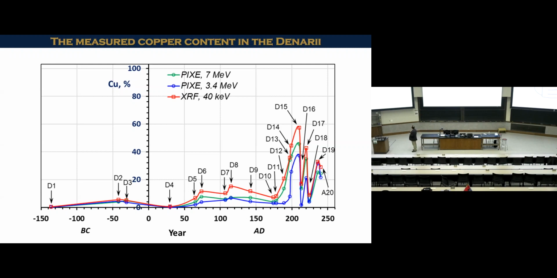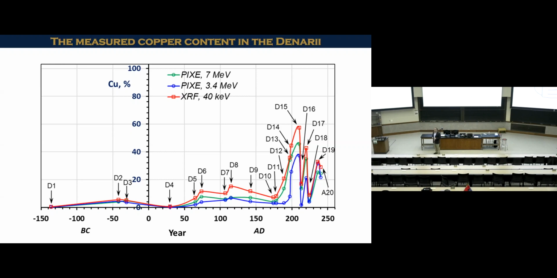You can see the x-axis is time, the year, BC before Christ, and then AD, and the y-axis is the copper amount inside the coins. At the beginning, we truly have a very little amount of copper or even none of it, but starting around 50, 60 AD, you could see the copper concentration increasing in every coin, and you can see that in the deeper layers, in the core of the coin, we have much more copper, about 60% in this case.